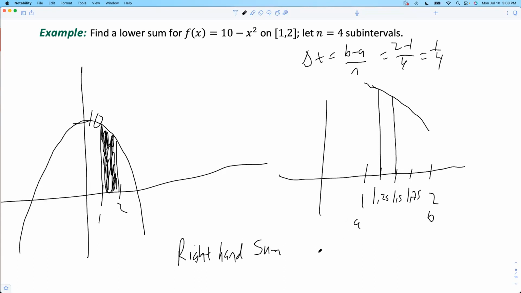So let's say the area of the ith rectangle will be the function value at the right-hand side times delta x.